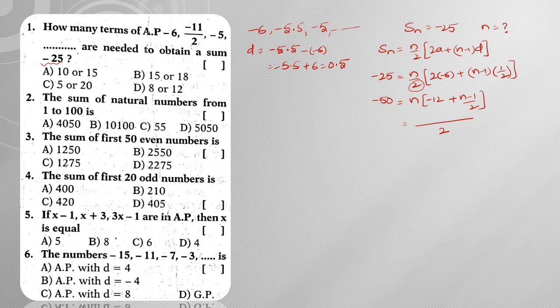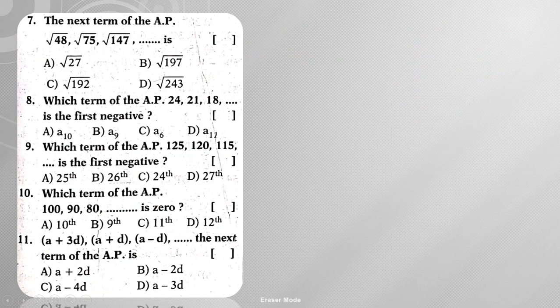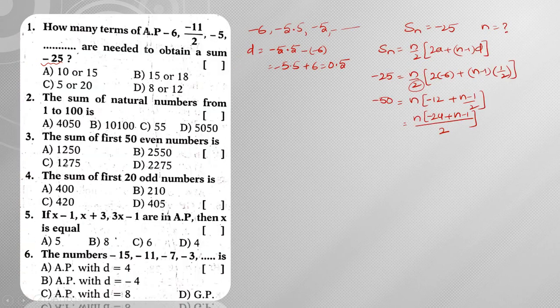Now I can write this as n into 2 into minus 12, which is minus 24, plus n minus 1, right? Now when I transpose this 2 again, this minus 50 will become minus 100. So minus 100 is equal to n into n minus 25.